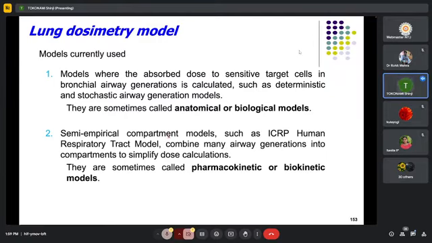Semi-empirical compartment models, such as ICRP human respiratory tract model, combine many airway generations into components to simplify those calculations. They are sometimes called pharmacokinetic or biokinetic models.